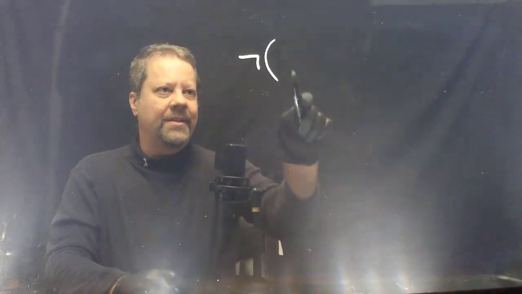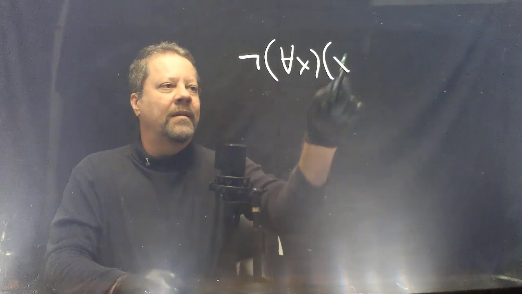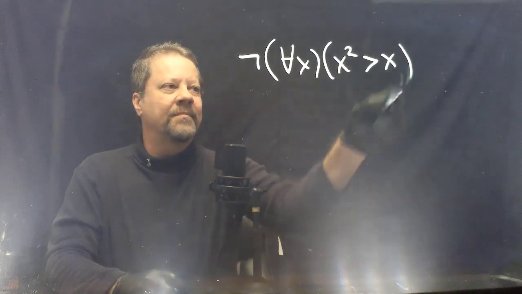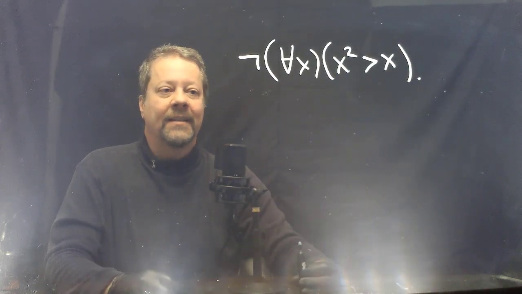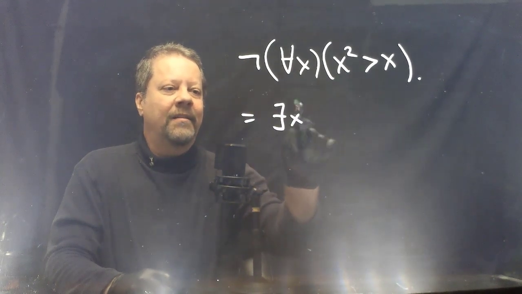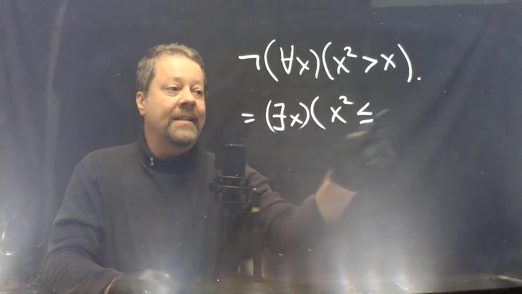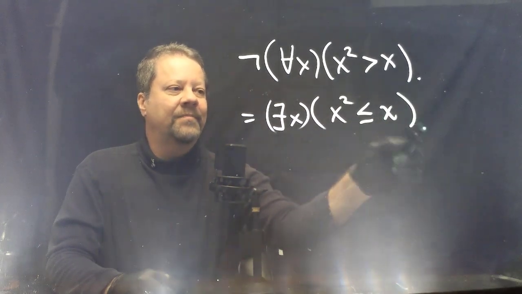Here's an example. Let's suppose it is not true that for all x, x squared is greater than x. That will be, there exists x such that x squared is less than or equal to x.